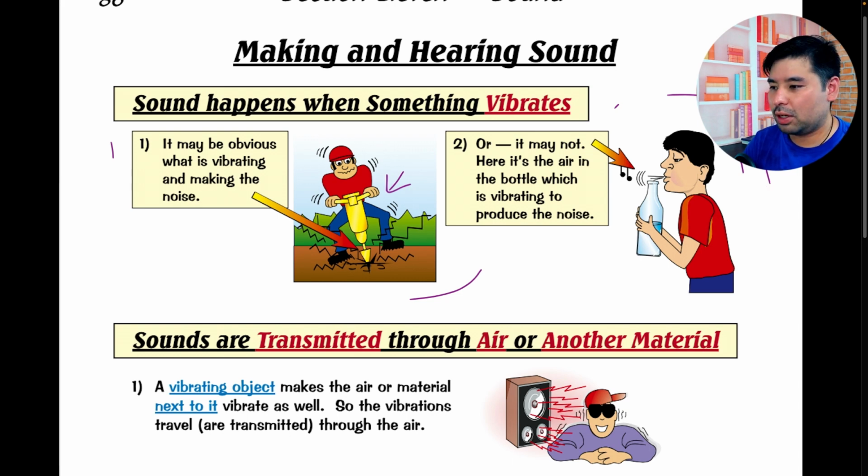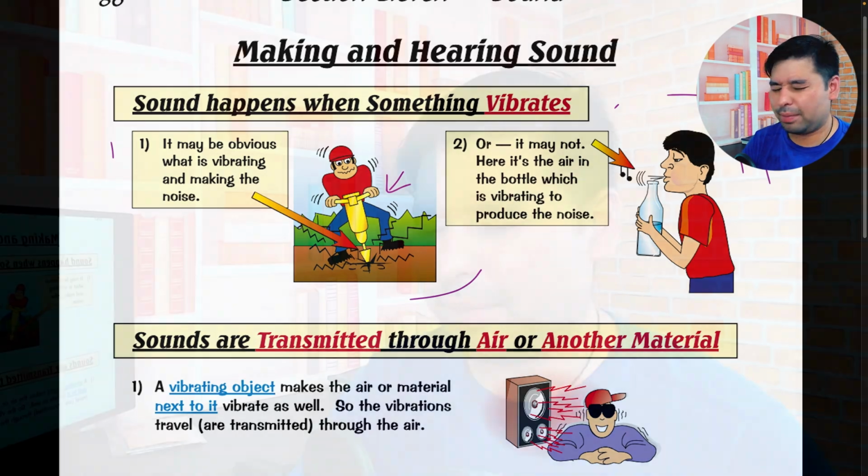Of course, we have many examples. For example, if you were in a city, walking on the street, there are many different sounds coming from everywhere, right? Sometimes it is obvious: if you hear a car sound, and you look to your side, there is a car moving around. So it's very obvious.